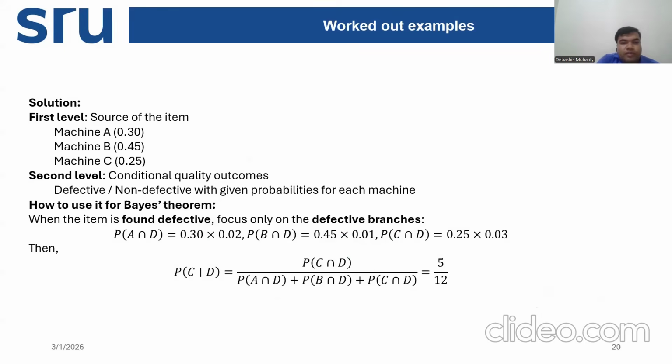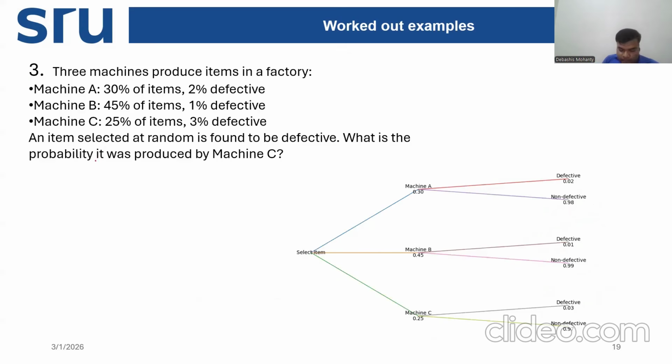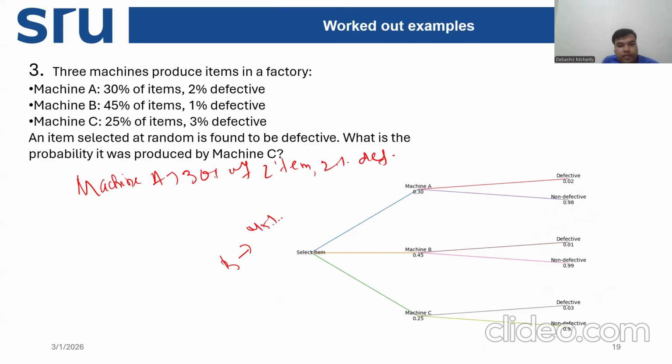Next problem, we'll come into the next problem. Machine A, here try to understand the question. Machine A produces 30% of the items and 2% is defective. B produces 45% of the items and 1% is defective. C produces 25% of the items and 3% is defective.